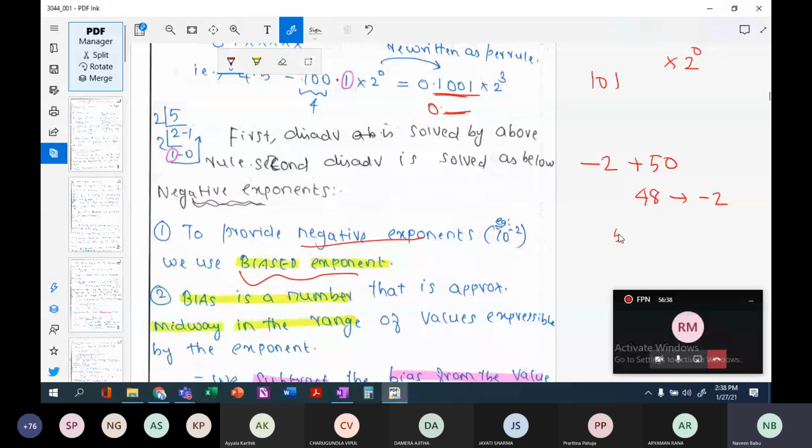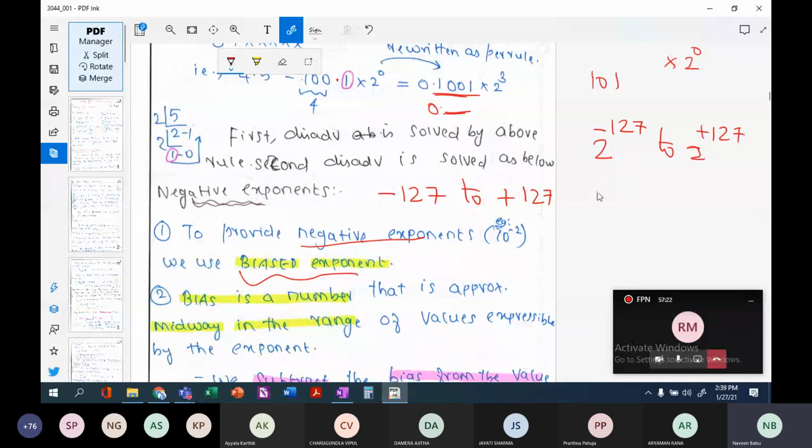So my computer will understand that 48 corresponds to -2. How does it understand? It will subtract by default 50 from the given number so that you get the original number. I just gave you a random number of 50. Likewise, you must see what range of values you want to represent. Say I want exponent values ranging from -127 to +127, that is 2 power -127 to 2 power +127.